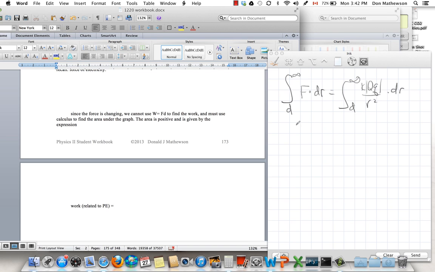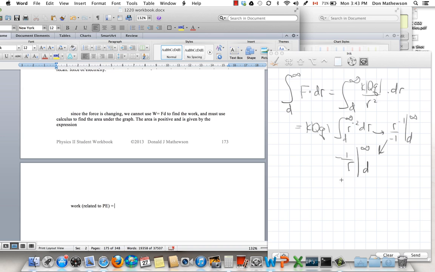Now the kqq is a constant, so that'll come out. And then this is going to be r to the minus 2 dr. Now that integral is r to the minus 1 over minus 1, and the limits are d to infinity. That is, in turn, minus 1 over r from d to infinity.